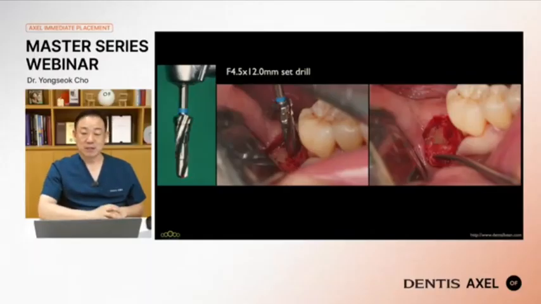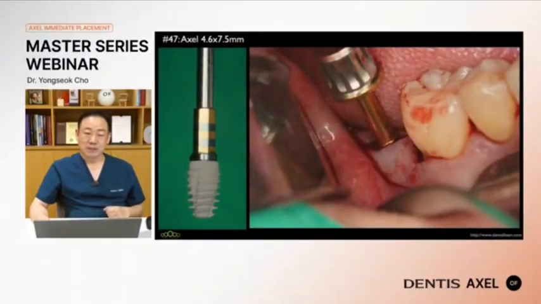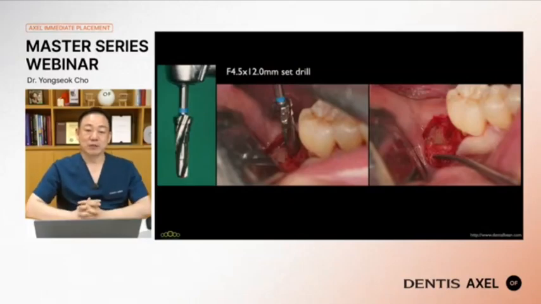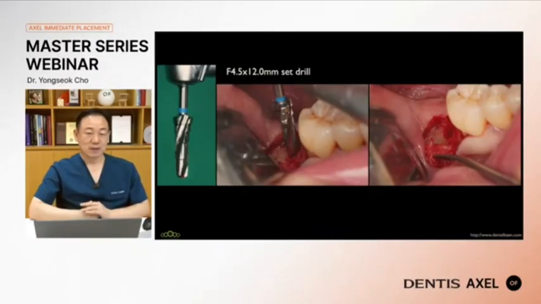In this case, I placed a 4.6 by 7.5 implant. However, my drill was 4.5 by 12 millimeter. Because of the convenience of keeping implant angulation without interference first, and second, I will prep the osteotomy sufficiently deep, considering buccal bone height.